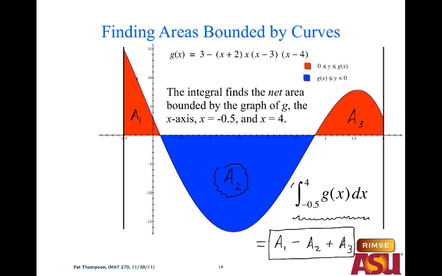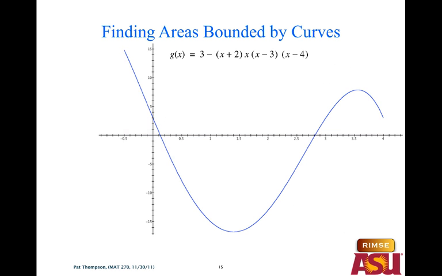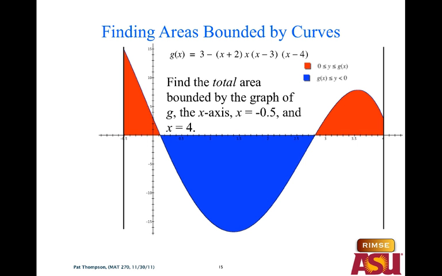Okay, does that make sense? So what if I want the total area? I want to find the total area bounded by these graphs using the function g. We've got to figure out how to do it. How to find the total area bounded by the graph of g.